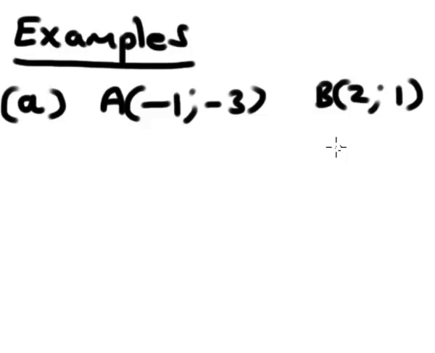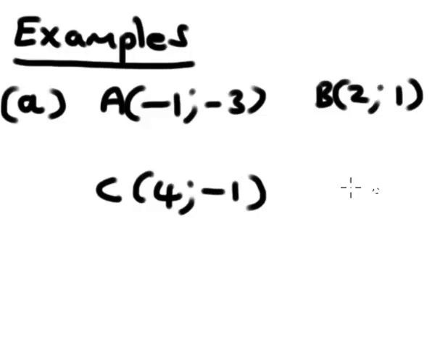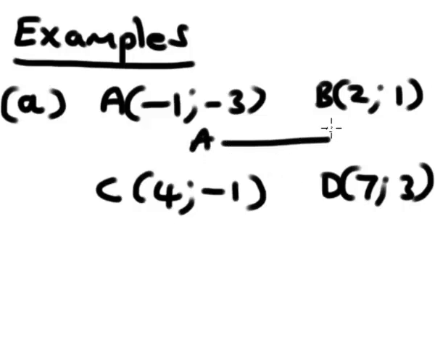And I'm going to give you another line segment that passes through C and D. C is the point 4, negative 1, and D is the point 7, 3. This is a line segment. So you've got the line segment AB and the line segment CD, and you want to know, by using the concept of gradients, are these lines parallel or perpendicular, or maybe neither?